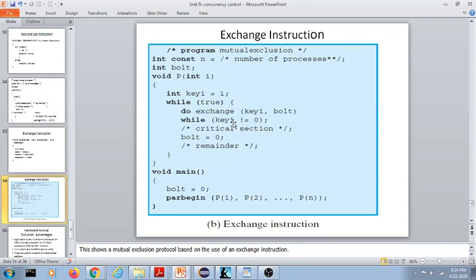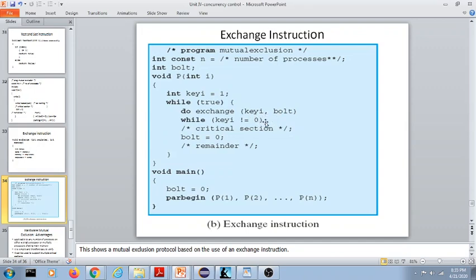Bolt variable is like a flag for the resource. If key 2 is now 0, it means simply that your resource is free. If key 2 is not 0, it means that your resource is engaged. In that case, you have to wait for the resource to get free by checking that key 2 variable again and again.